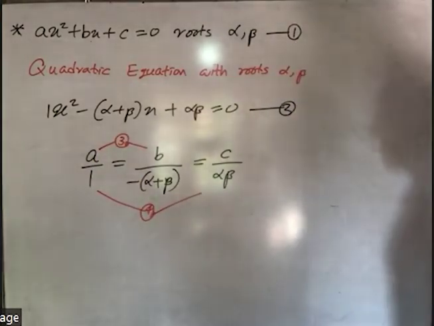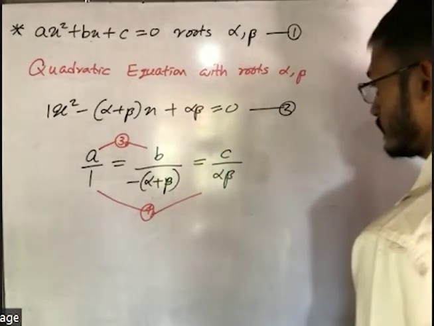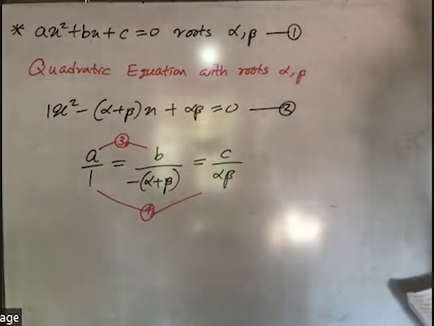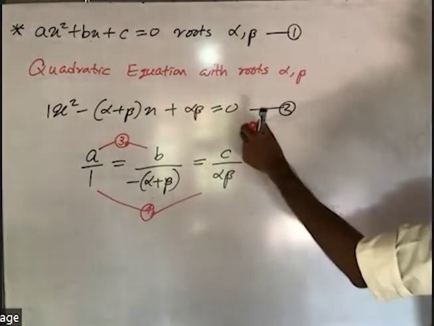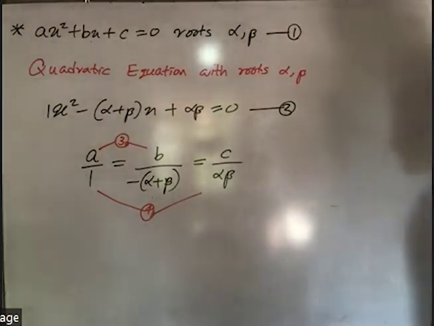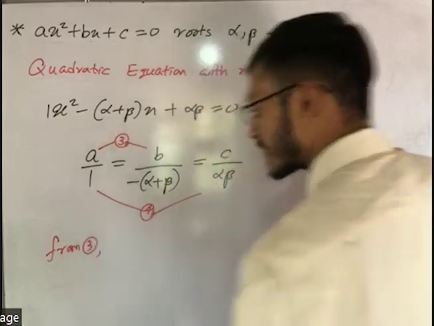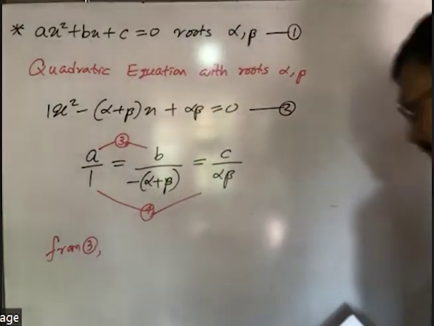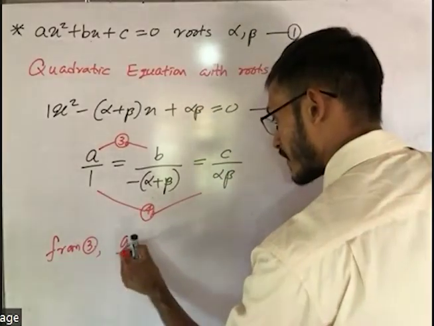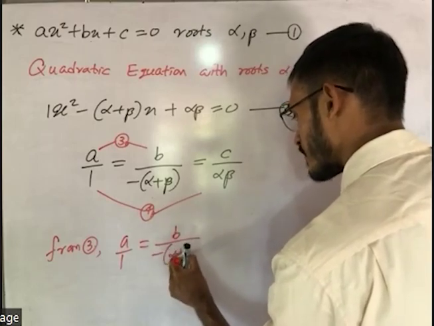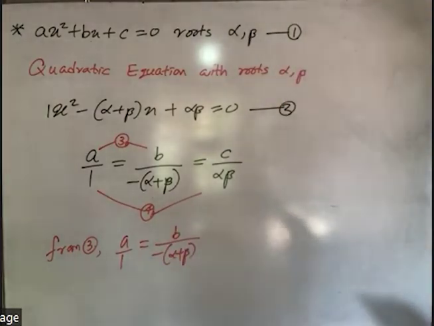Now look at this. From number 3, I can write a over 1 equal to b over minus (alpha plus beta).